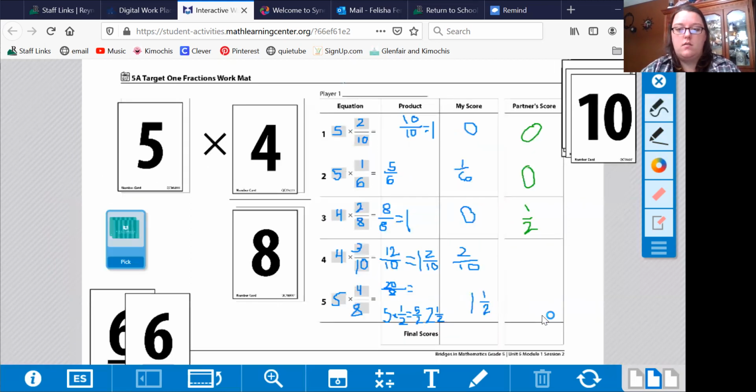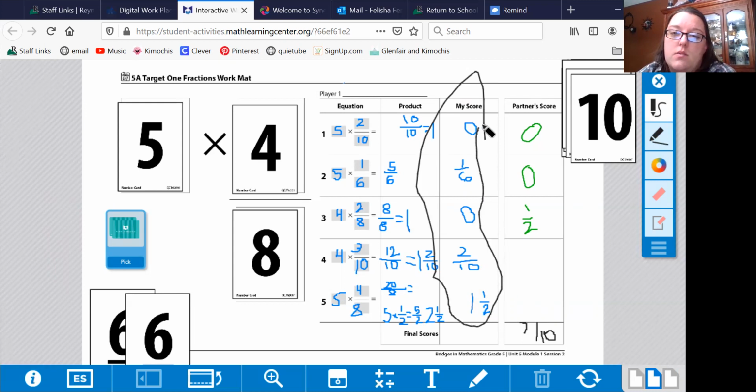Let's take that over here and see what happens. 7/10. Now when I look at the blue scores, I have way more things I need to add up, but guess what? See this right here? Well, that's a terrible arrow.